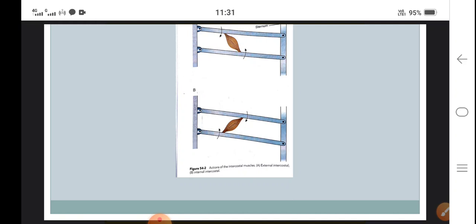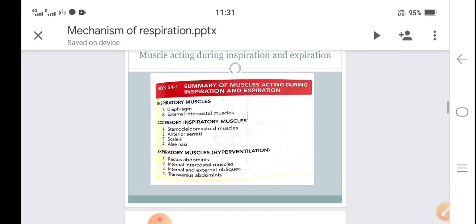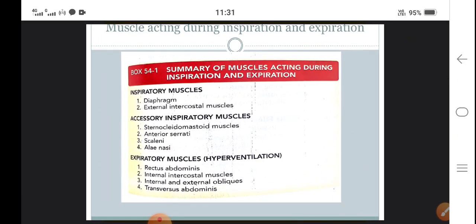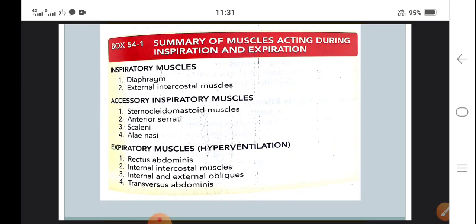Now we come to the pleural pressure. This slide explains the muscles acting during inspiration and expiration. As we know, inspiration is an active process which involves the contraction of the diaphragm as well as the external intercostal muscles of the ribs.